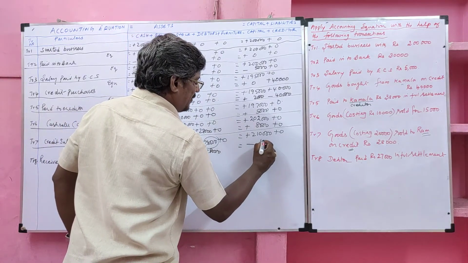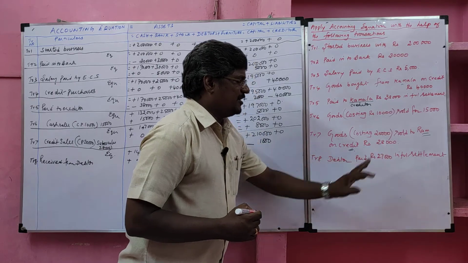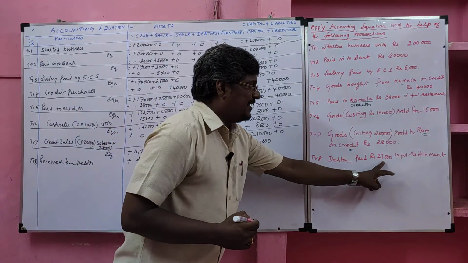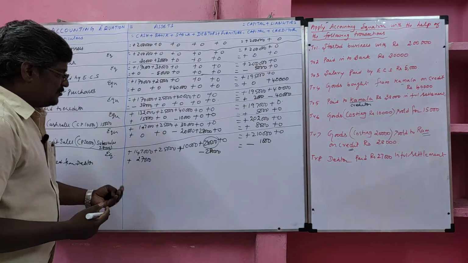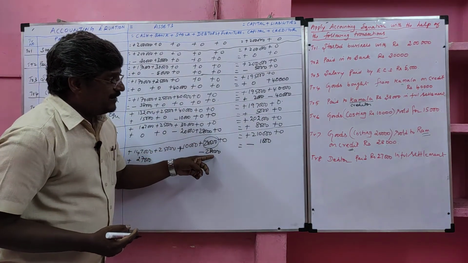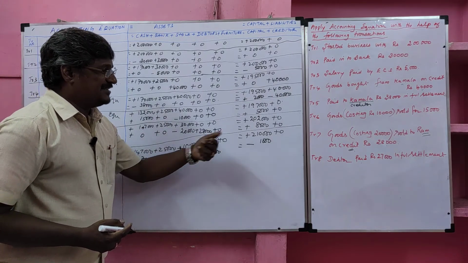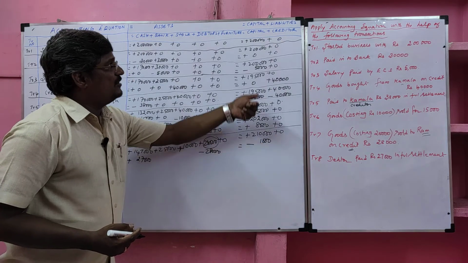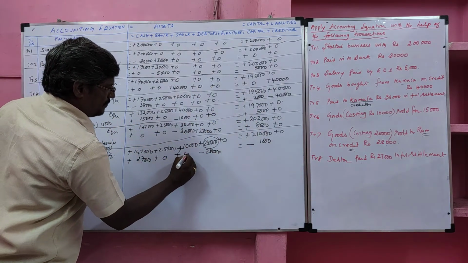It should be deducted from capital. Other items we can mark as 0.